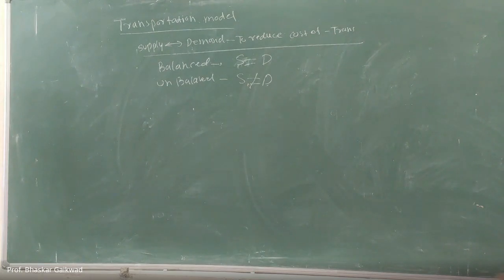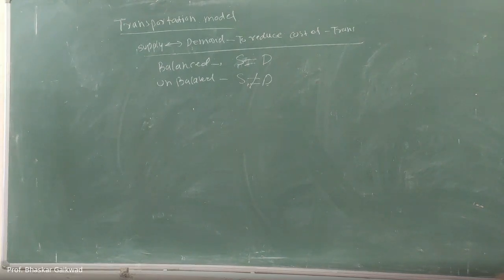Here two types are there: one is balanced and the next is unbalanced problems. Balanced problem means supply and demand are equal. Unbalanced problem means supply and demand are not equal. If it is not equal, you can make it balanced and then solve the problem.